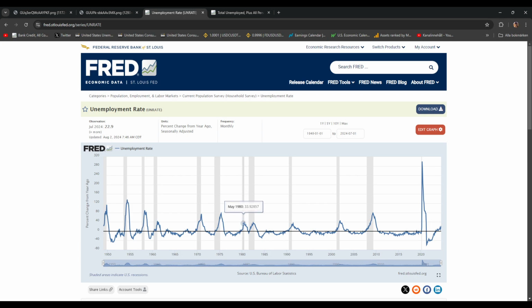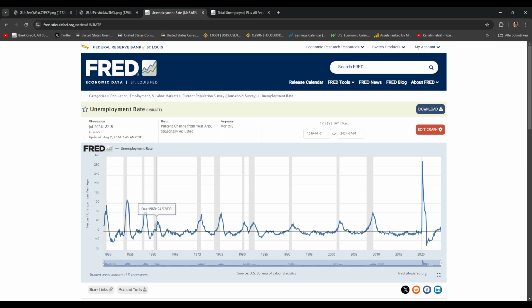You were up there in May of 1980, in between April and May of 1980. What about before that? September 1974. All of these are recessions, right? What about February 1970? That was also a recession.